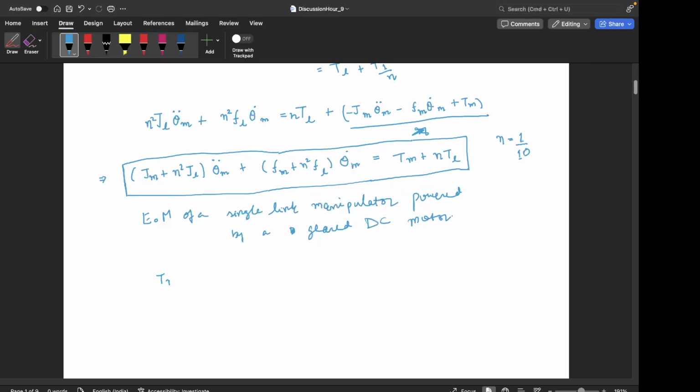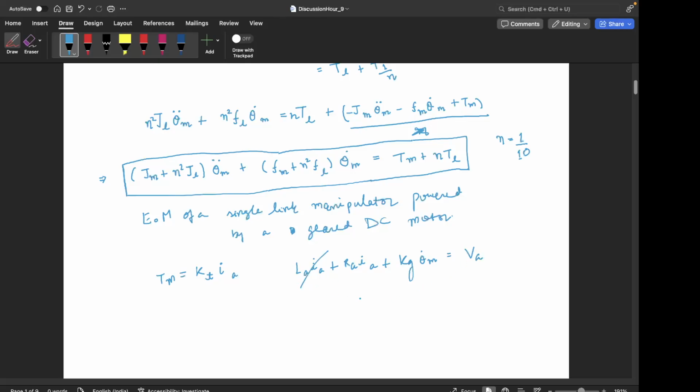We have that Tm is Kt times Ia, and we have that La Ia dot plus Ra times Ia plus Kg times theta m dot is equal to the applied voltage.